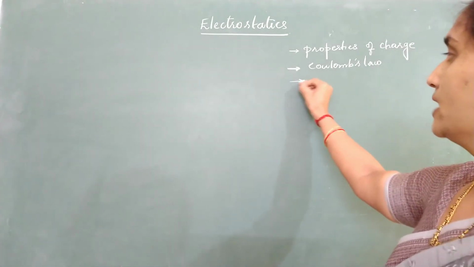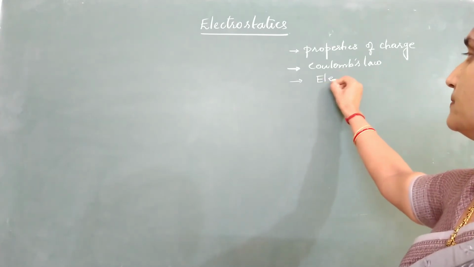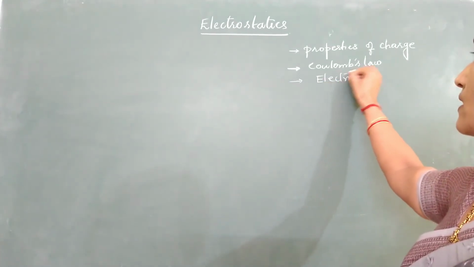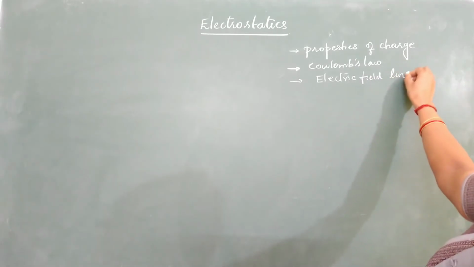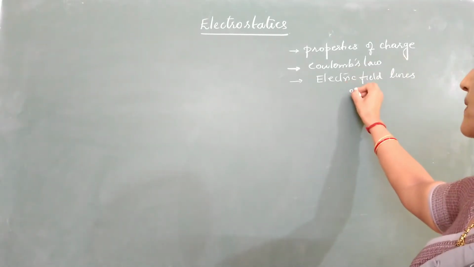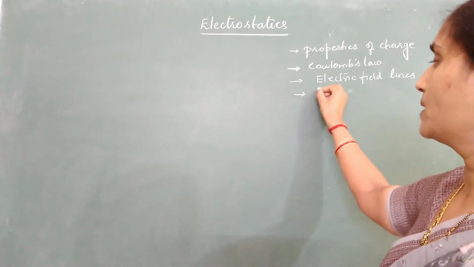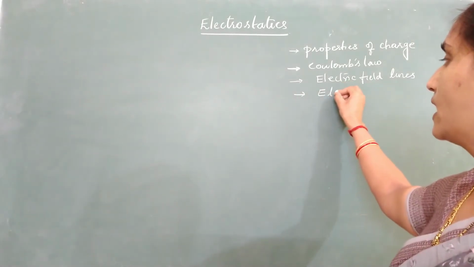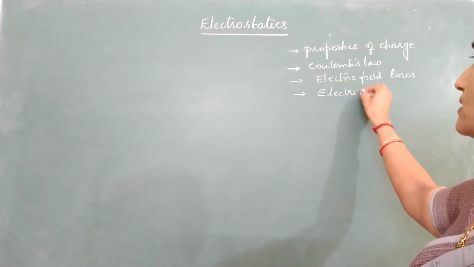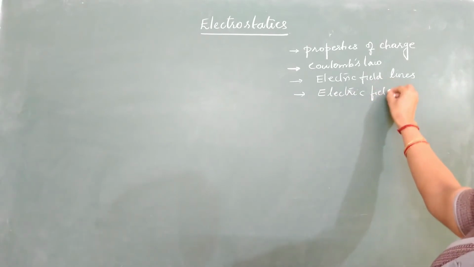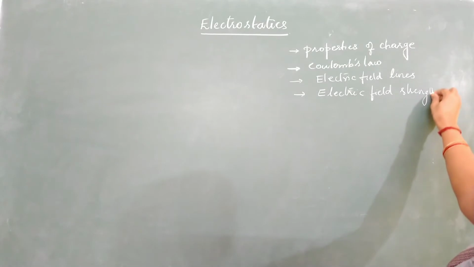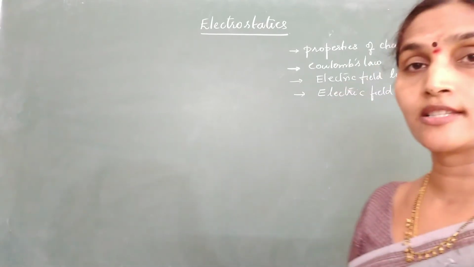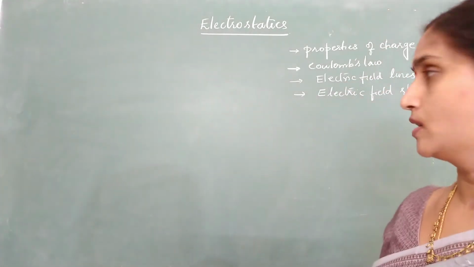Then questions related to electric field lines or lines of force. Then questions related to calculation of electric field strength, evaluating electric field strength for a point charge, then multiple charges, and so on.